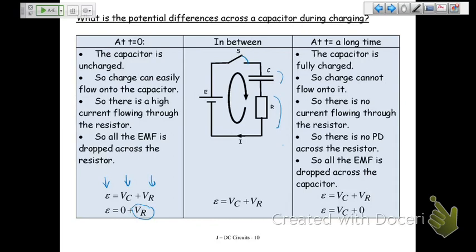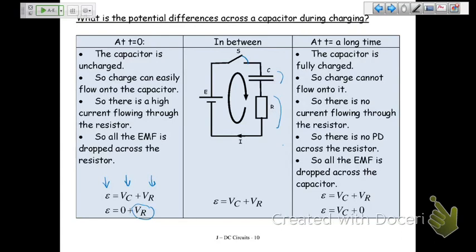Let's go to the other extreme. The capacitor is now fully charged. Is there any current flowing when the capacitor is fully charged? If you have a road going from the car factory to the parking lot, and the parking lot is full, and the road is full, is there any flow of cars?